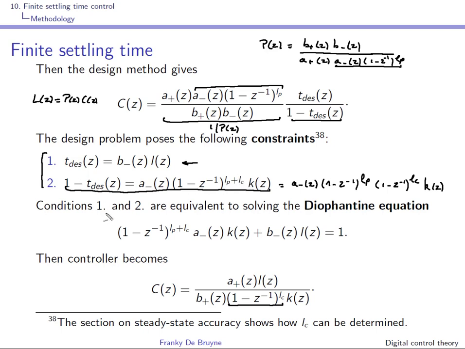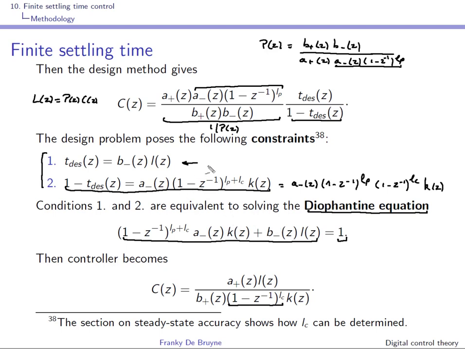If you add condition 1 and condition 2, you will see that on the left side here you have a 1, and then you obtain on the right side this equation over here. So this results in a Diophantine equation, and this is the type of equation that we looked at in the beginning of the course in section 1.